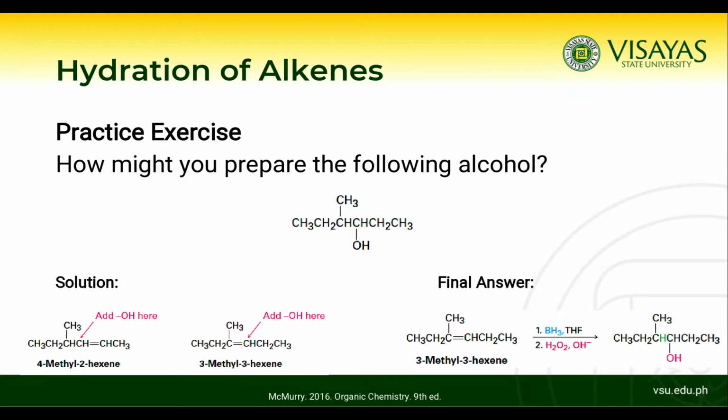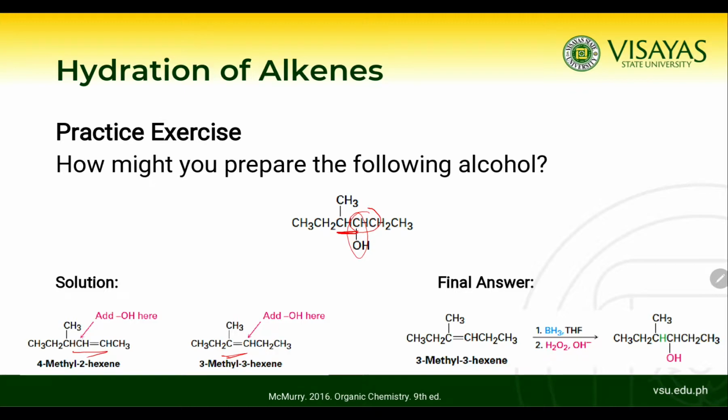Okay, so here we have the OH bonded in that carbon. That means to say we could have the double bond here between these carbons, just like here. That is 3-methyl-3-hexene. Or we could have the double bond between the two carbons here, just like this one here, in 4-methyl-2-hexene.